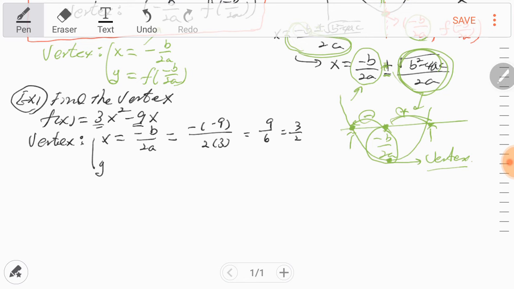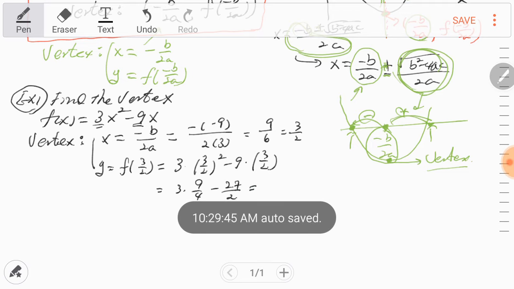How about the y-coordinate? Just plug in f of 3 over 2. So replace this x with 3 over 2. Then 3 times 3 over 2 squared minus 9 times 3 over 2. Then 3 times 9 over 4 minus 27 over 2.